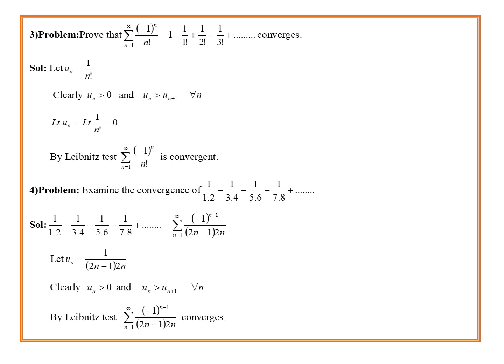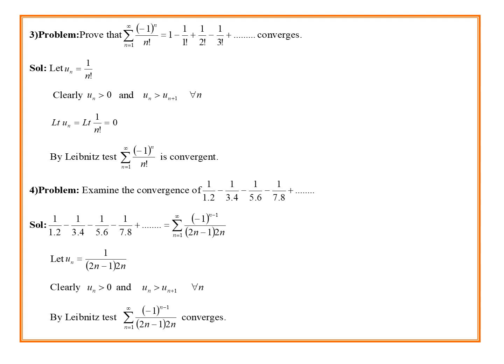Prove that sigma n equal to 1 to infinity of minus 1 whole power of n by n factorial is convergent. It can be written as 1 minus 1 by 1 factorial plus 1 by 2 factorial minus 1 by 3 factorial plus so on. First we take un. What is our un value? 1 by n factorial. Clearly un is always greater than 0 and un is greater than u of n plus 1, which means our series satisfies the decreasing condition, the first condition in the Leibniz test.